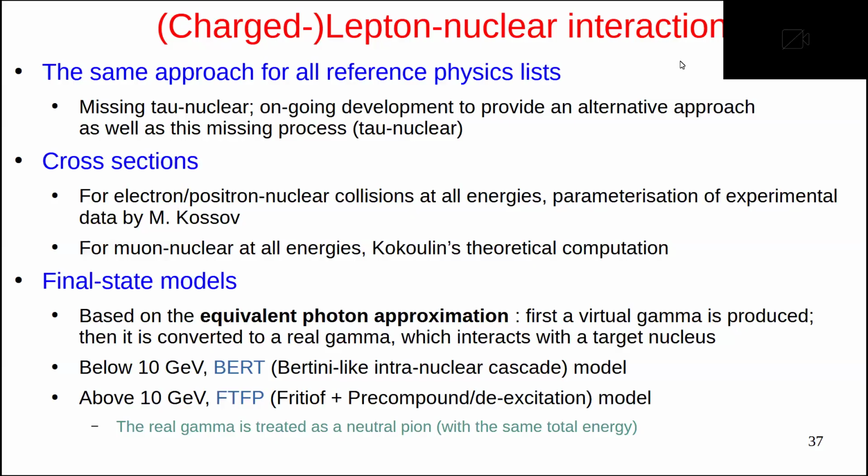And for the final state model, the approach is based on the so-called equivalent photon approximation, whereas the alternative that I mentioned here that we are working on is based on PDF, on parton density functions at the level of nuclei, not at the level of single proton, like the ones which are used in event generators, for instance.